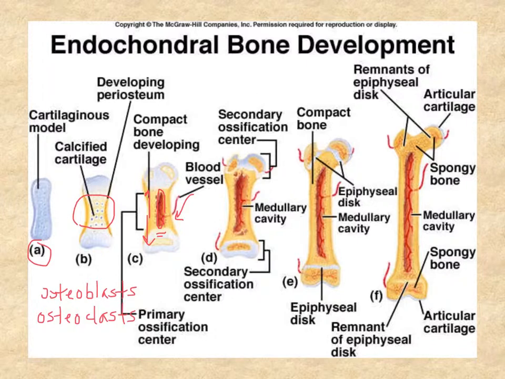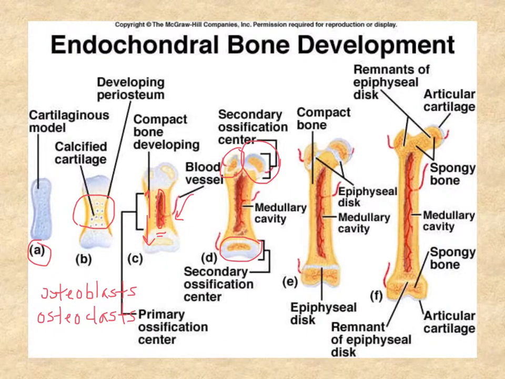So as the central part of the bone strengthens and turns into bone instead of cartilage, then you start to see some ossification, some bone developing on the epiphyses, so on either end. So in the middle first and then on either end.